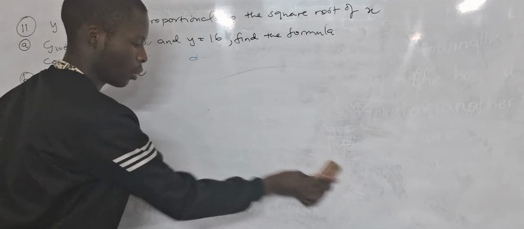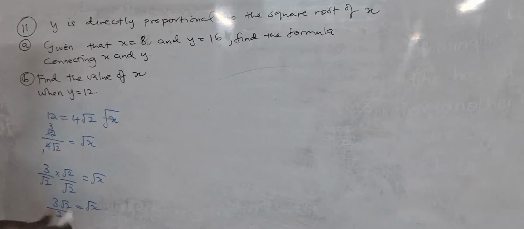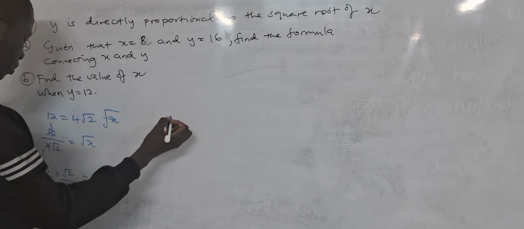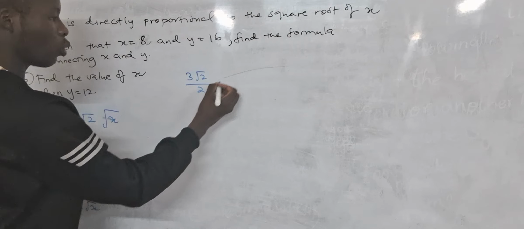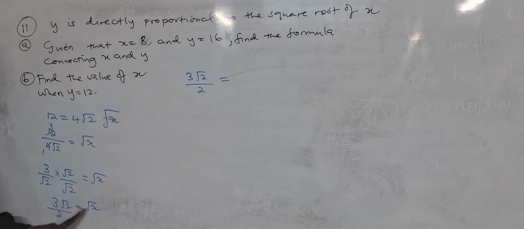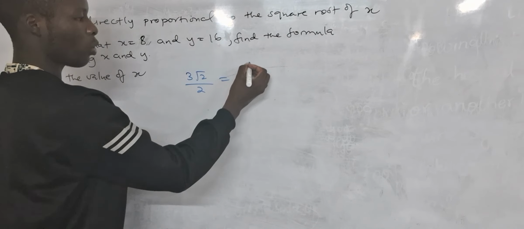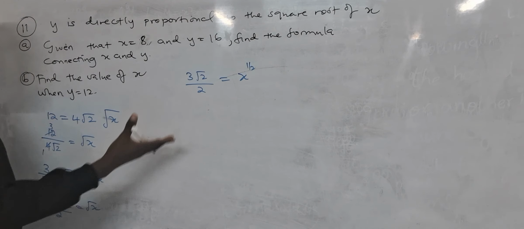I'm going to erase this part. So this is 3 root 2 divided by 2 is equal to the square root of x. The square root of x is nothing but x to the power of half, from the laws of indices.